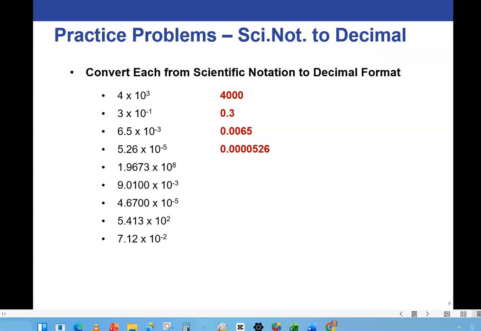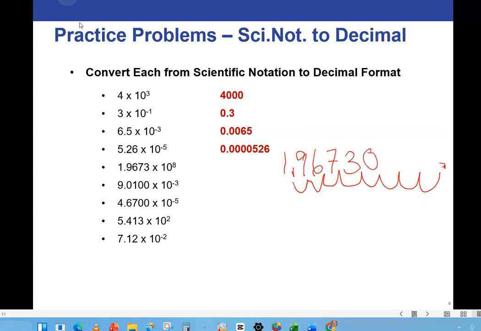The next number to practice is 1.9673 times 10 to the 8. This is a very large number, and one way to determine how big that number is to write out the 1.9673 and move the decimal place a total of 8 times to the right. In other words, we're making the number 1.9673 bigger and bigger. 1, 2, 3, 4, 5, 6, 7, 8.